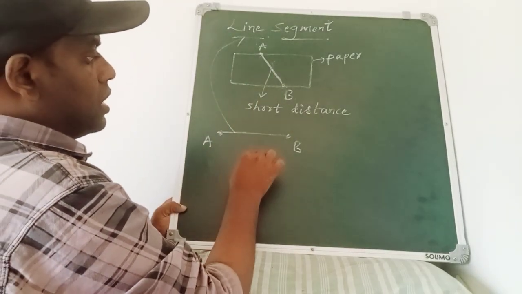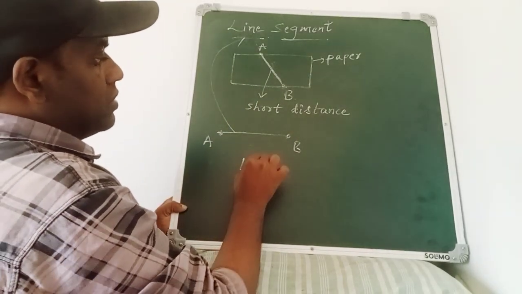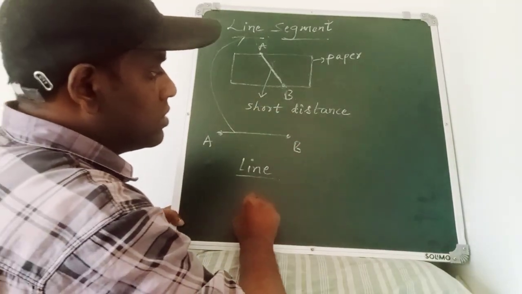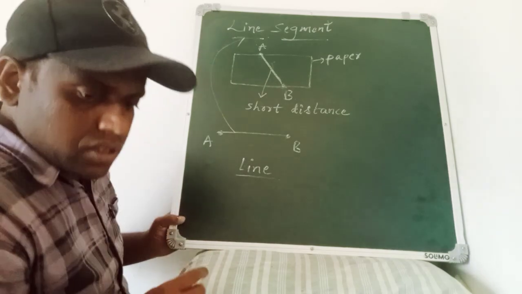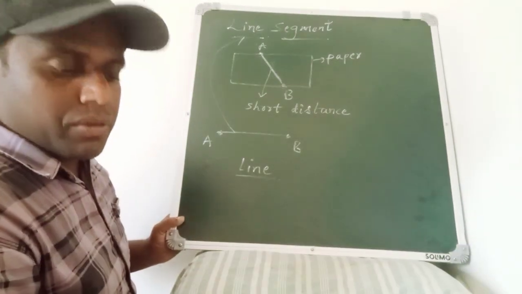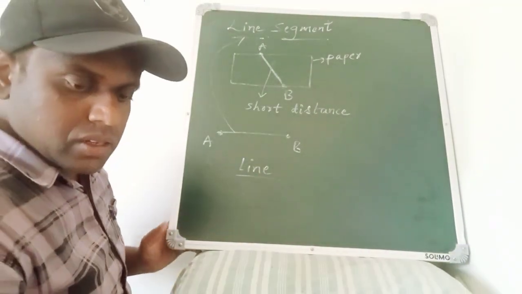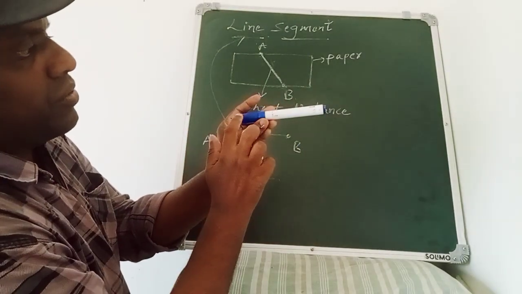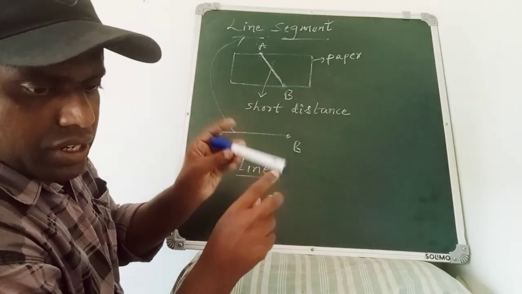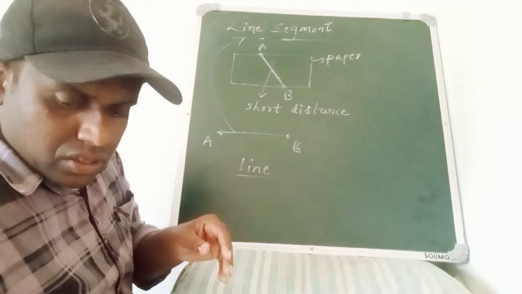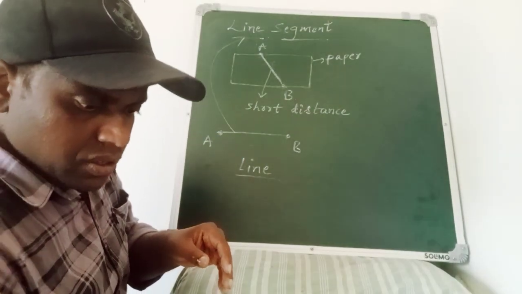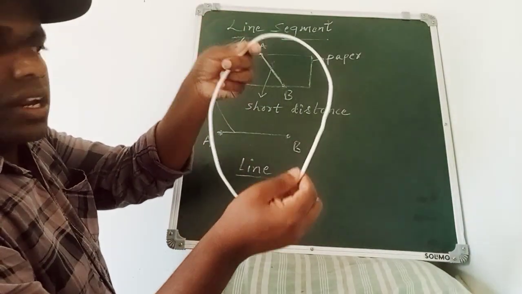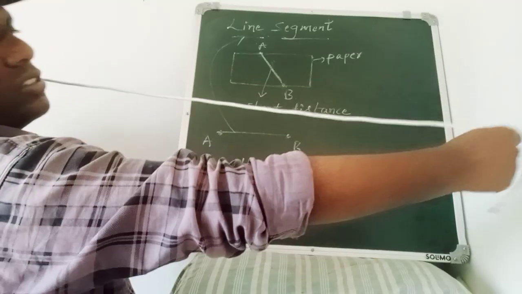With this I will take another concept, line. I will write line like this. See, line means it should not be curved. It should be a straight line, like this pen. See, full straight, it is not bent. I will take this wire. This is not straight like this.